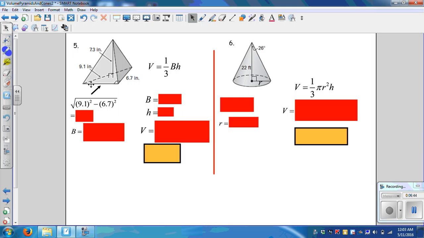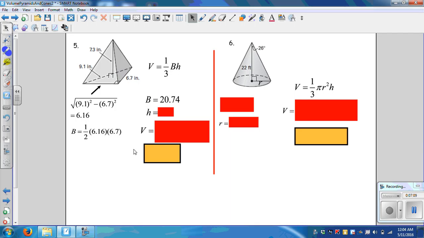This particular leg is going to be the square root of the hypotenuse squared minus the other leg squared. So this particular leg is 6.16. To calculate the area of the base, I'm going to take 1/2 times the 6.7 times the 6.16. And that base gives me a total of 20.74.